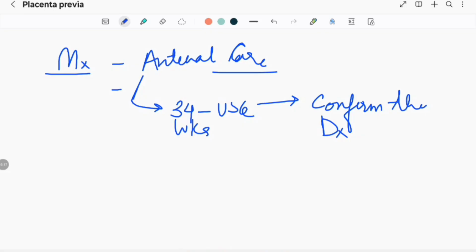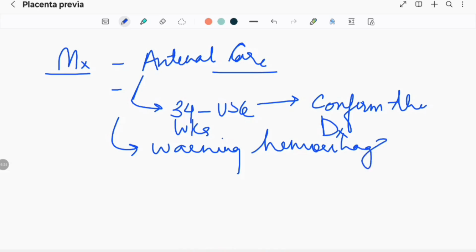Then significance of warning hemorrhage needs to be detected. Then at home, the patient has to be put to bed.